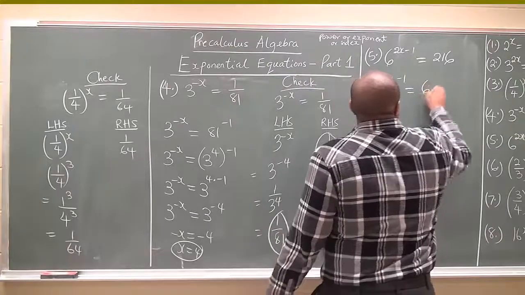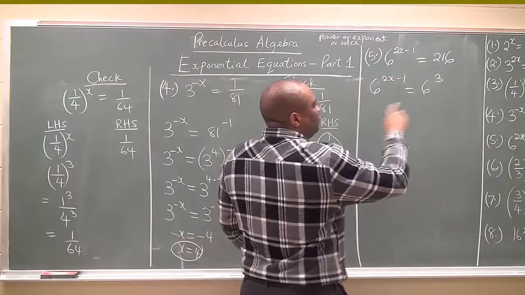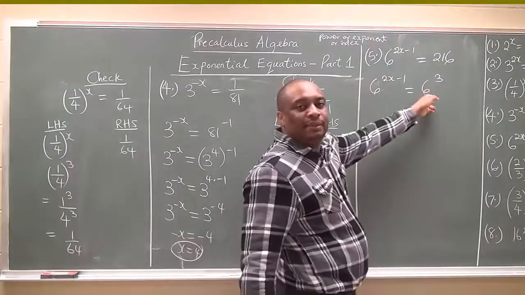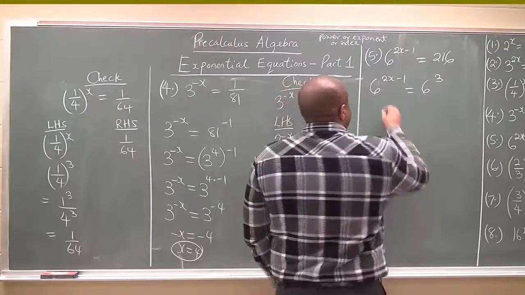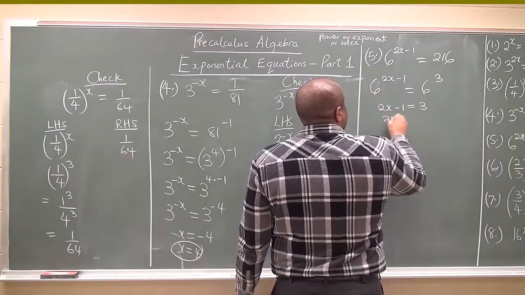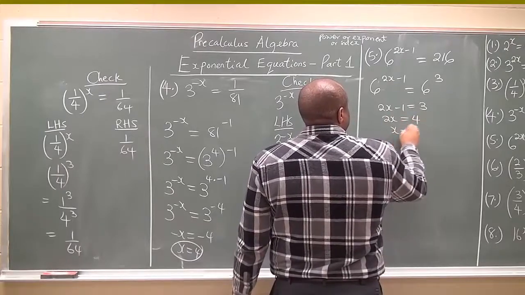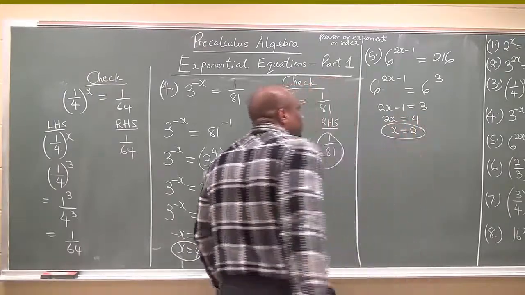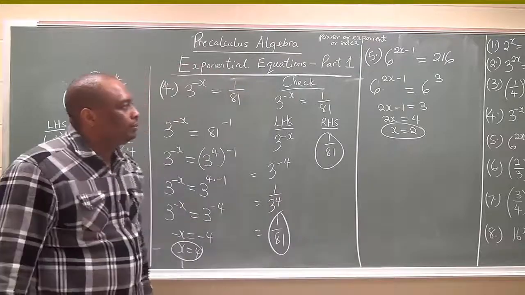So this is 6^3. So they have the same base, equate their exponents. 2x minus 1 is equal to 3, 2x is equal to 4, and x is equal to 2.